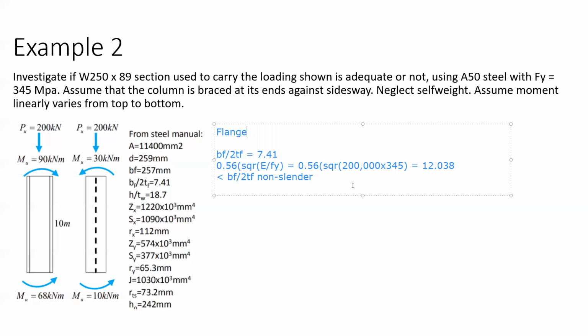Mag-check din tayo for web. Slender po ata. Ay, teka. BF over TF greater siya. 7.41. Wait, let's check your notes. Teka lang, buksan ko lang saglit.